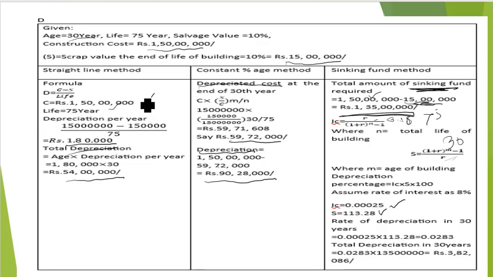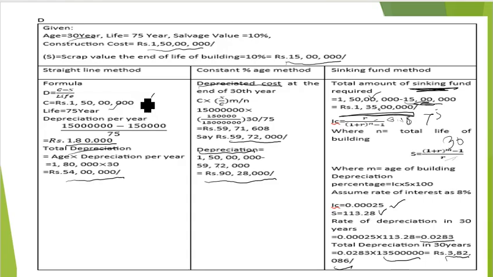You multiply both of them, and ic into s is 0.0283. Now you have to multiply this with the amount which is to be accumulated, not with 1 crore 50 lakh. So 0.0283 multiplied by 1 crore 35 lakh is rupees 3 lakh 82,086.